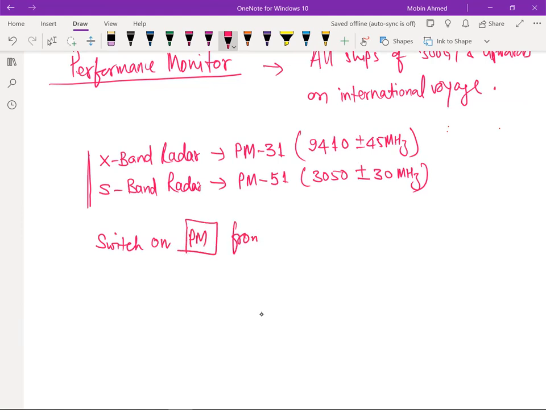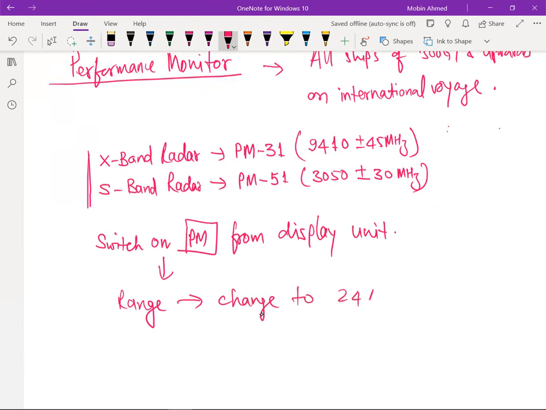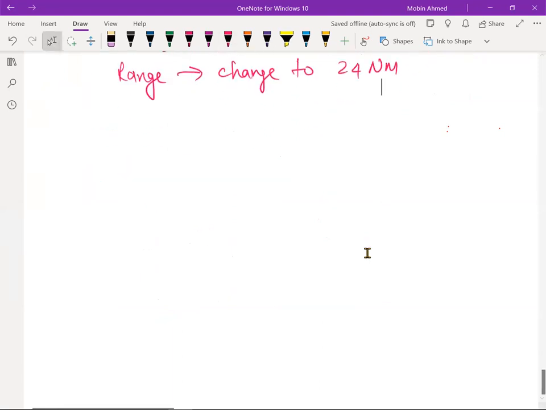You need to press that button on the display unit. In that case, when we switch on, the range will automatically change to 24 nautical mile. Whatever the range is there, it will go to the 24 nautical mile.